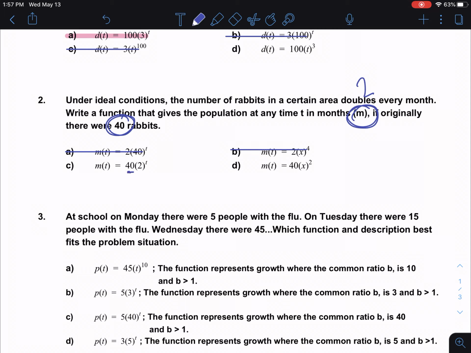That is 40 right here. Now remember, the value that it's going to grow by is inside the parentheses, that 2, and then t is the number of months that it grows by. So this one is C.